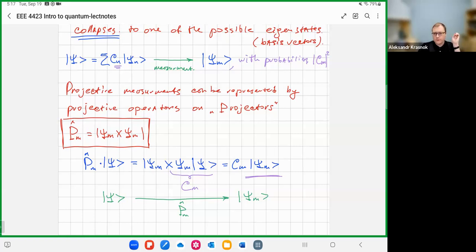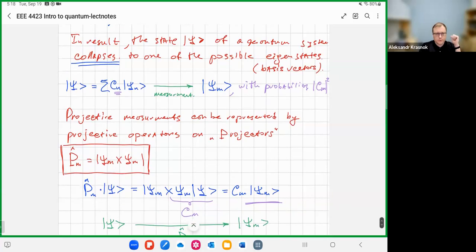Probably we will discuss these other types of measurements in what follows, because they are also important for quantum computing. But this is just the introduction, and this is the classical type of measurement, projective measurements.